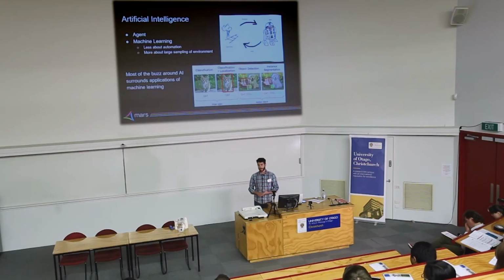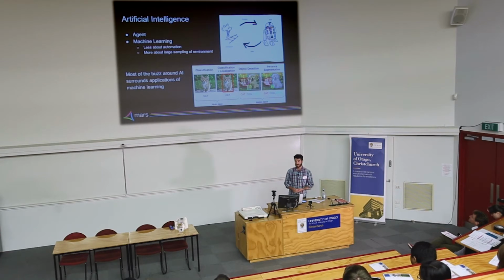What we're trying to do is less about the automation or giving an agent control to take actions in an environment, and much more about sampling that environment in such a way that we understand the properties, or as is often said, the patterns that are there, and to train it to learn the patterns that we would like to find. In particular, most of the buzz that surrounds AI right now reduces down to a subset of AI called machine learning.